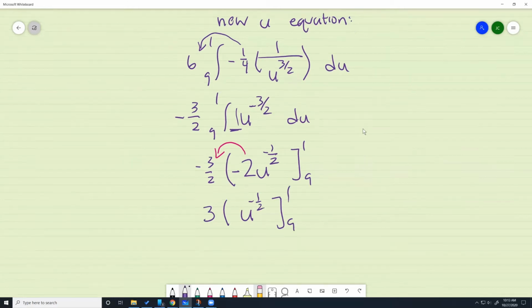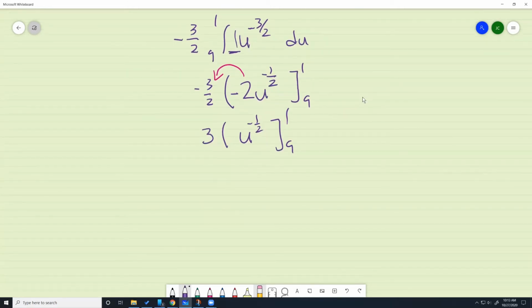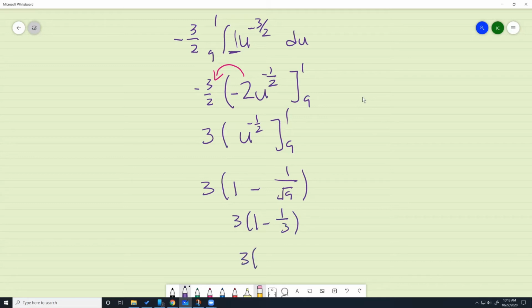Okay. So I've already integrated that. Now I just need to plug in the values, use fundamental theorem of calculus. Through 3 times 2/3, which will just give me 2, and that's the correct answer.